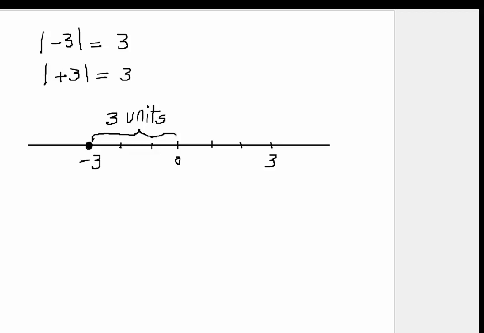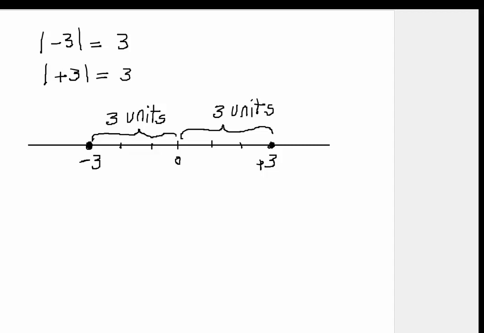Now the absolute value of plus 3 similarly would be how far the number positive 3 is away from 0, and again it would be 3 units. So absolute value corresponds to the distance of the number to 0.